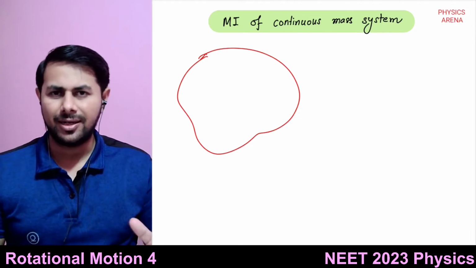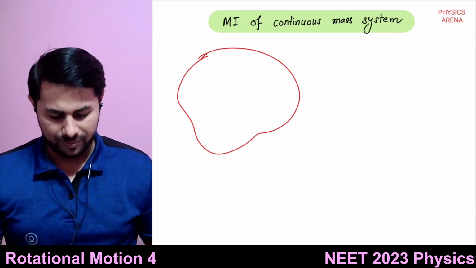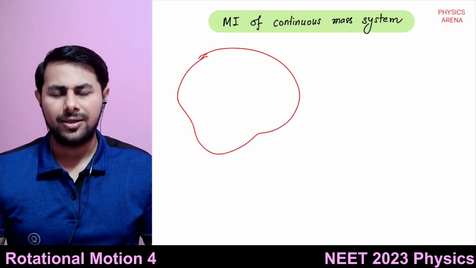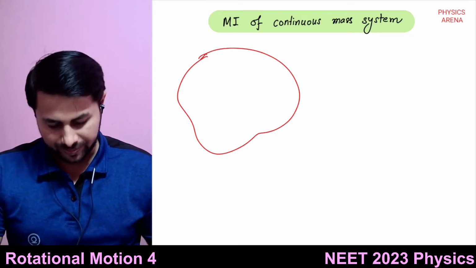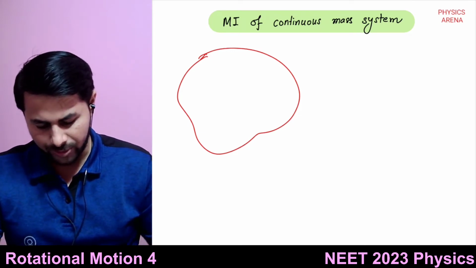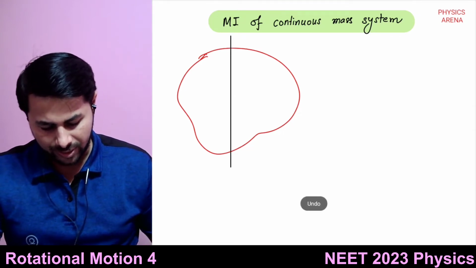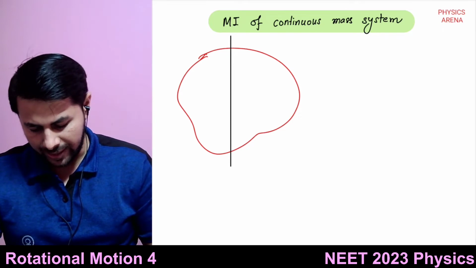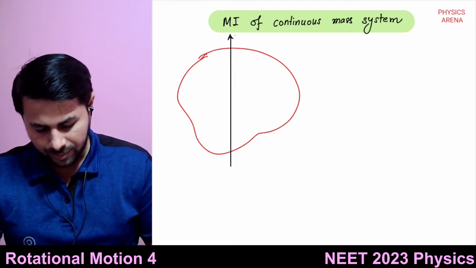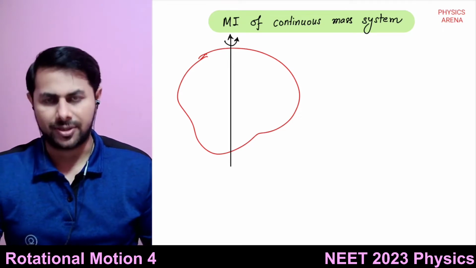It can be anything. For any solid body, we consider that the mass is uniformly distributed. So suppose I want to find out the moment of inertia of this body about this axis of rotation.